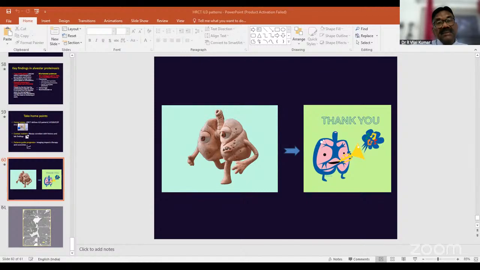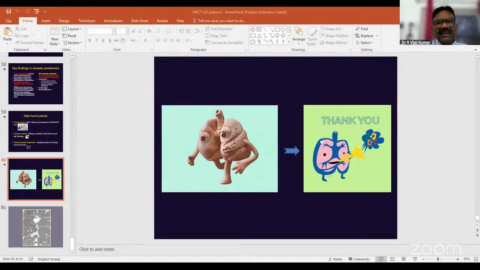But diseases like cryptogenic organizing pneumonia or acute HP and sarcoidosis respond beautifully to the treatment, and we can see the improvement happening in the repeat CT scan, which can be after 2 months or 3 months.